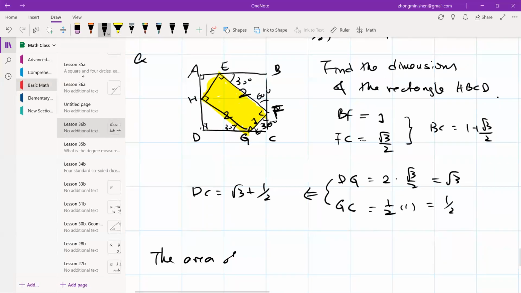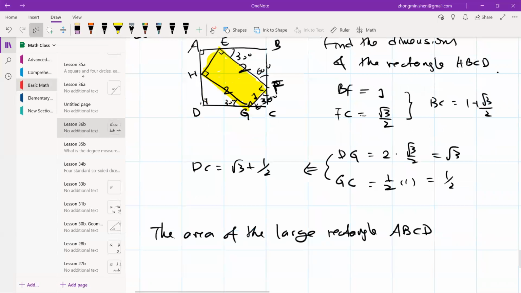The area of the larger rectangle ABCD is just the product of those two numbers, right? So it's going to be (1 plus square root 3 over 2) times (square root 3 plus 1/2), right?